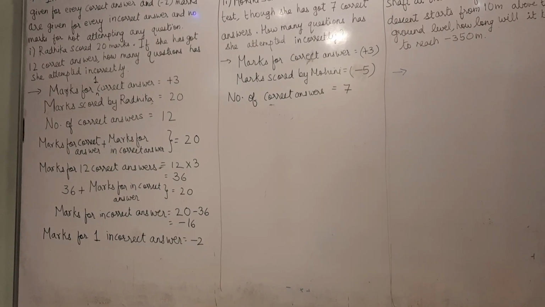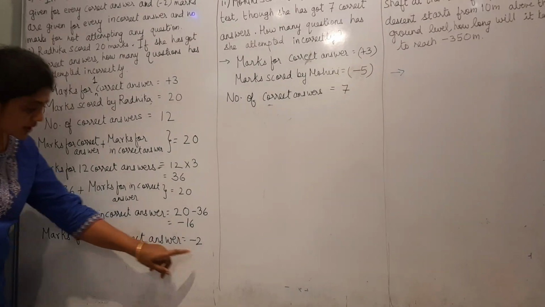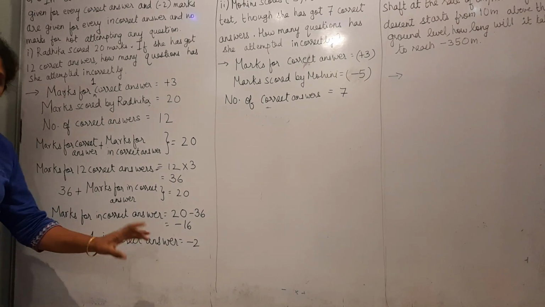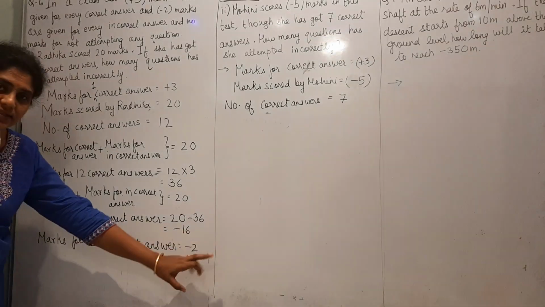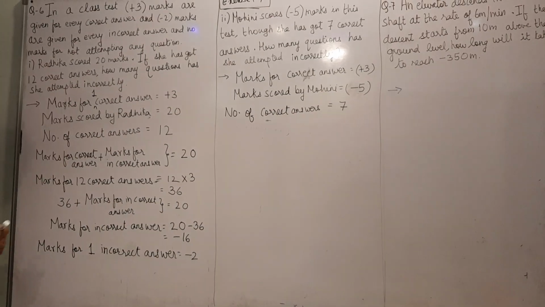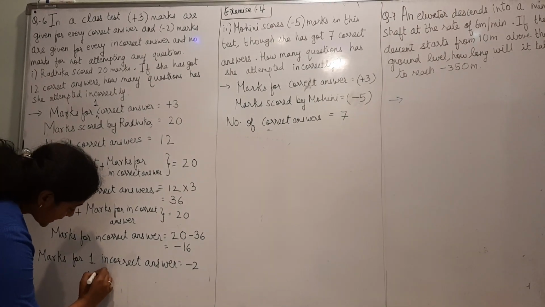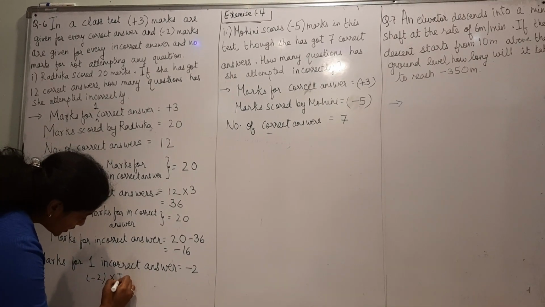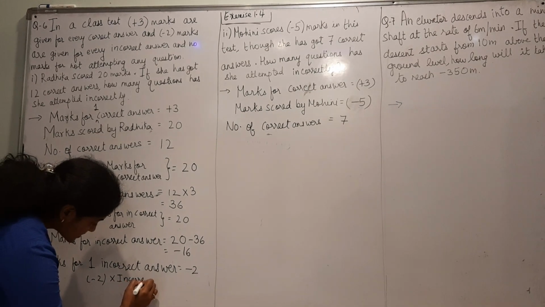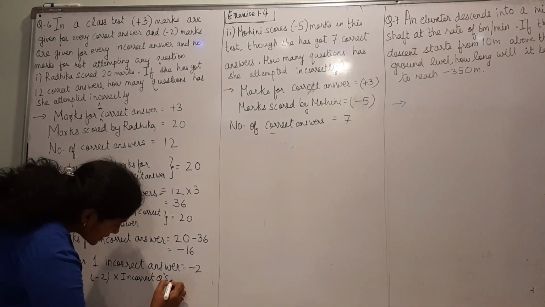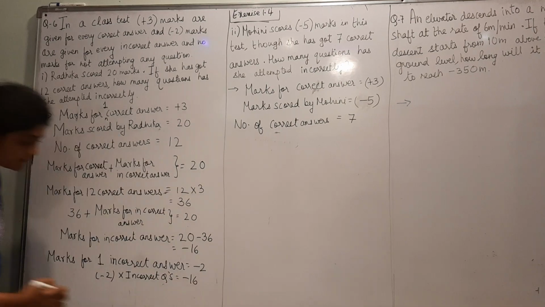Right? Now -2 into some questions is equal to -16. That means it is like this: -2 into incorrect questions is equal to -16.